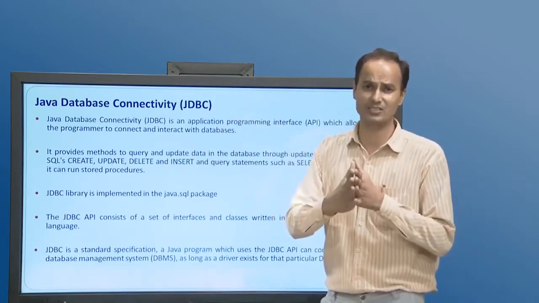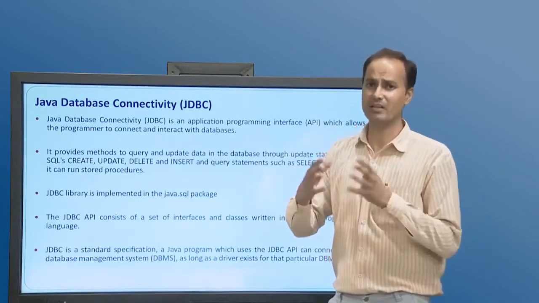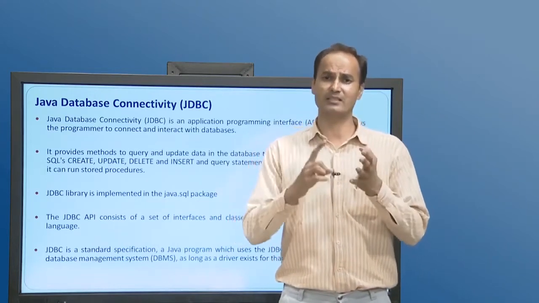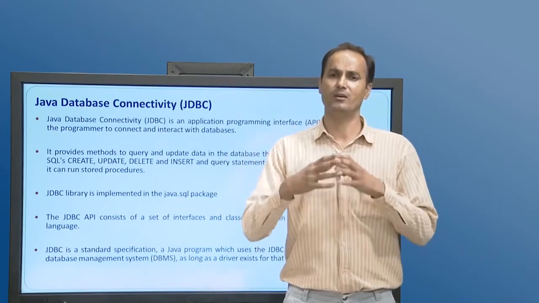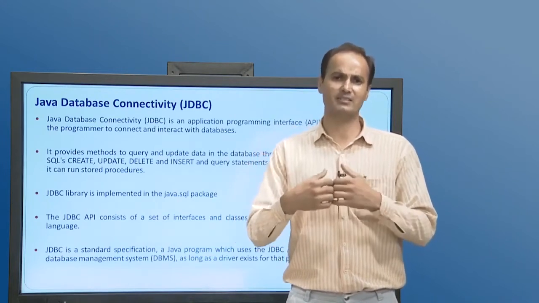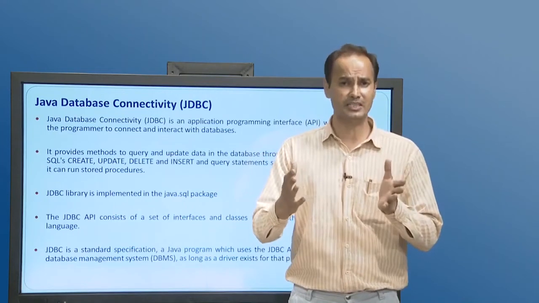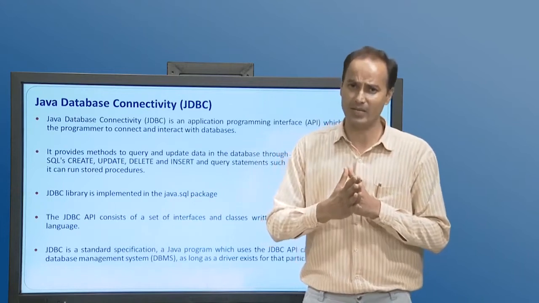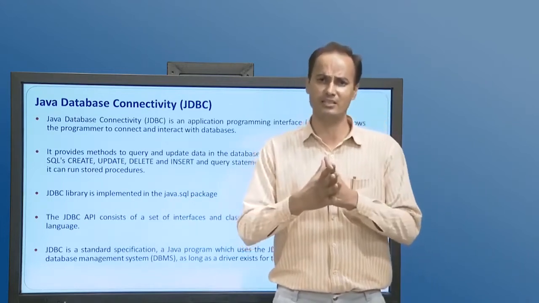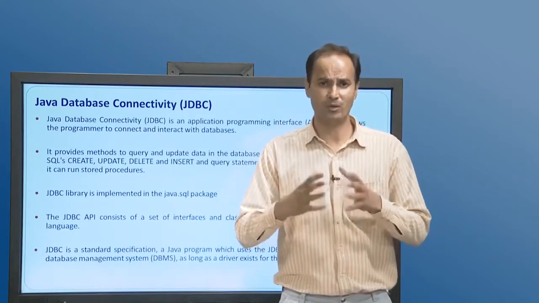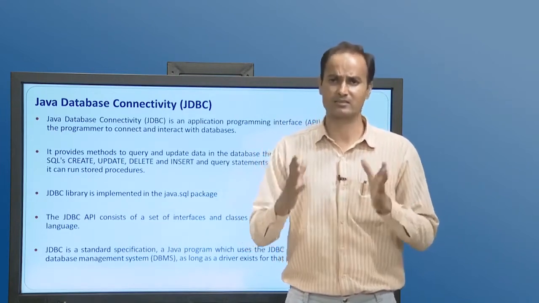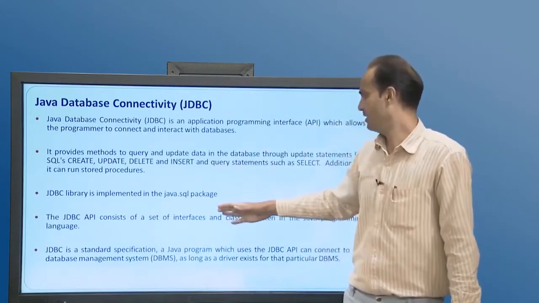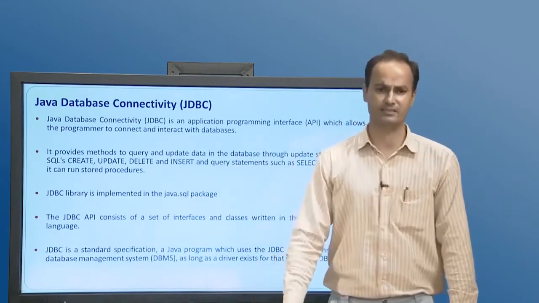JDBC, Java Database Connectivity, is an API which allows a Java developer to perform database tasks like creating connections, firing queries, retrieving results, manipulating data, and updating data. The API provides a number of classes and interfaces that are implemented to perform Java database tasks. The JDBC library is implemented in the java.sql package, and as I told, it consists of a set of interfaces and classes.